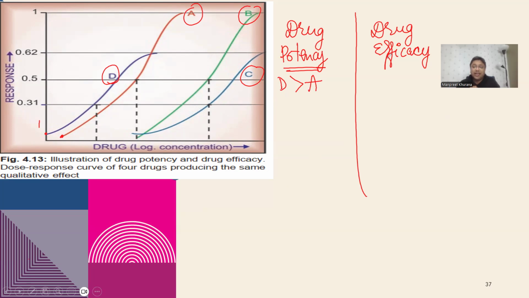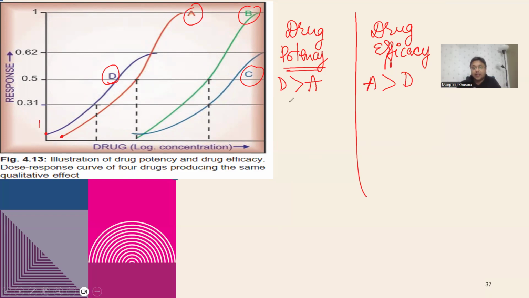But if we talk about the drug efficacy between D and A, if you see, A is at 1. So it is the maximal effect which is shown, right? But drug D is going only till 0.62, right? So the effect is almost 40% less as compared to drug A. So I can say that drug A is more efficacious than drug D. Now, let's take the example of drug A and C. Drug A is showing the effect at this particular concentration, but drug C is showing the effect at a higher concentration.